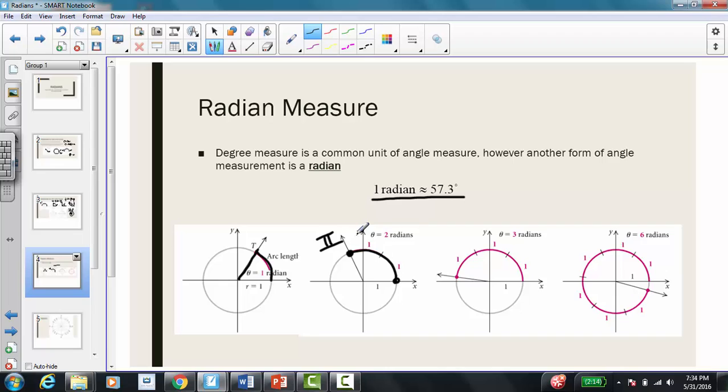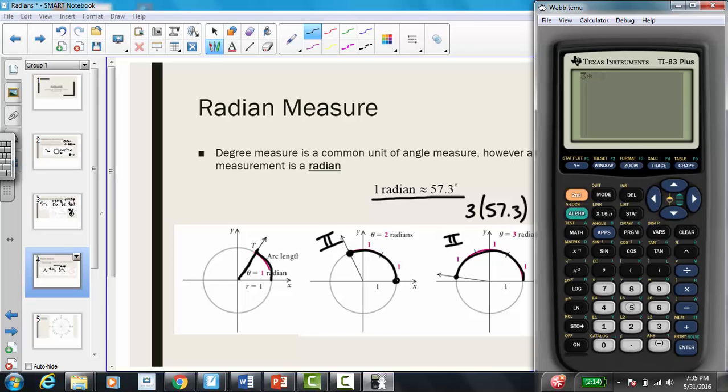And again, since 1 radian equals 57.3 degrees, traveling a distance of 3 radians still puts me in the second quadrant, because that would give me 3 times 57.3 degrees.